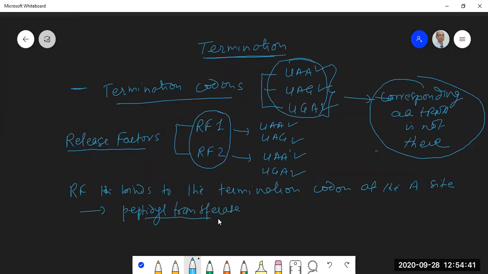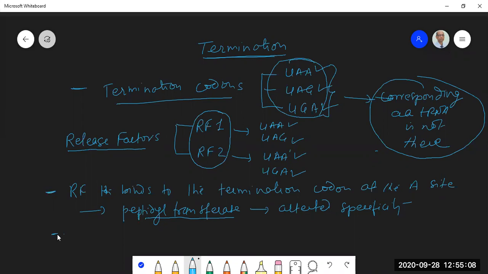The same peptidyl transferase which was involved in peptide bond formation is stimulated, but its specificity is altered. Peptidyl transferase is activated with an altered specificity. This is an important point.